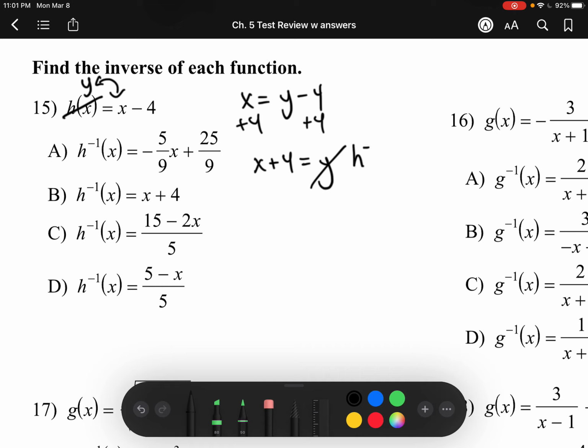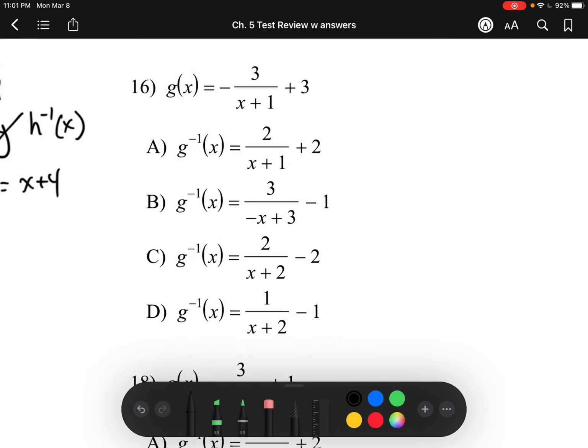So we write the inverse of h of x by doing h with an exponent of -1 of x. So now I'm going to rewrite this with the inverse of h of x at the front. So the inverse of h of x is equal to x plus 4, which is option B. So number 15 is pretty simple.